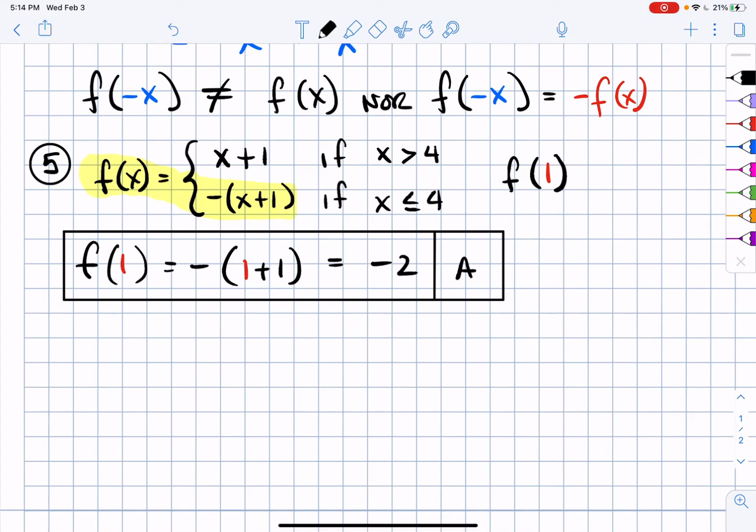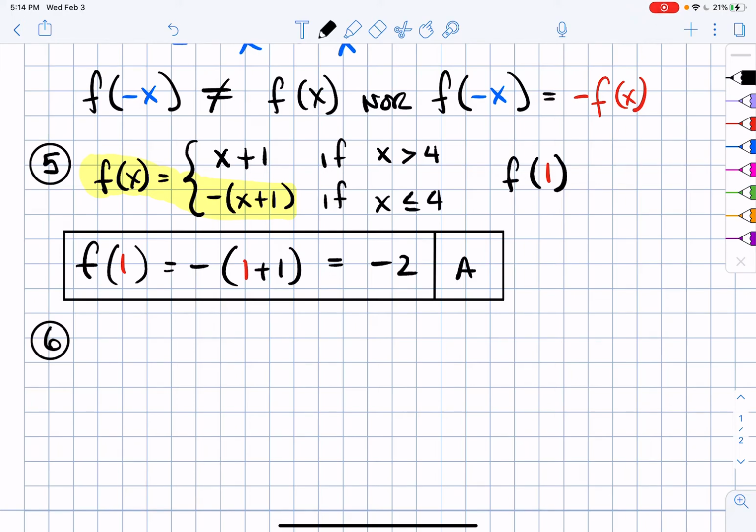Okie dokie. Number 6. Good old number 6. Another piecewise function. This one has three pieces.